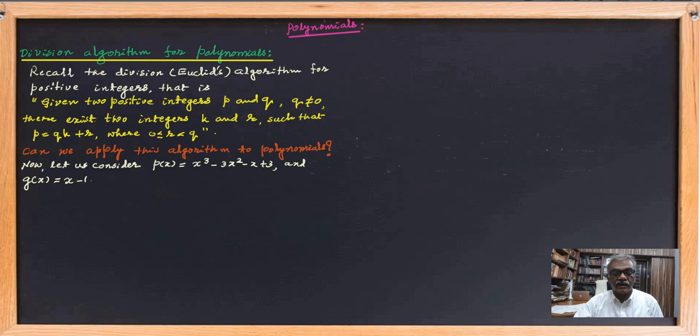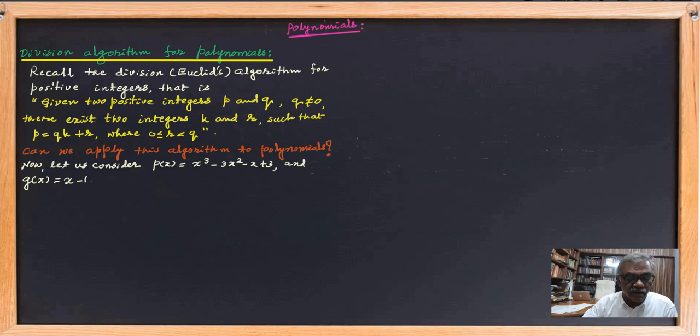Let us consider p(x) equal to x cube minus 3x square minus x plus 3 and g(x) equal to x minus 1. Here, instead of p we have taken p(x), a polynomial, and instead of q we have taken g(x), another, linear polynomial.